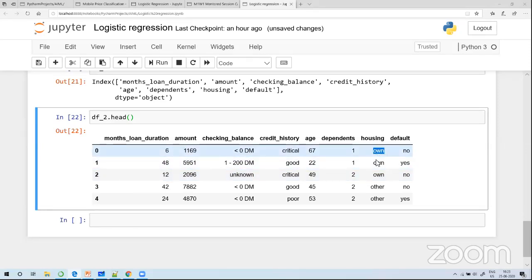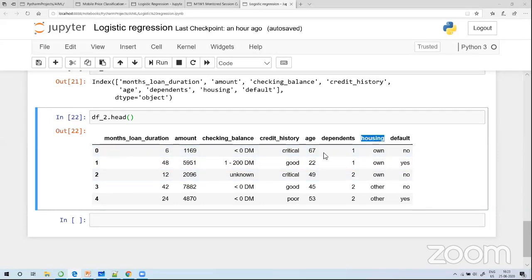You cannot. So for both linear regression and logistic regression, when you have character data like this, we need to convert it into some sort of dummy variables. And we will see what dummy variable means.